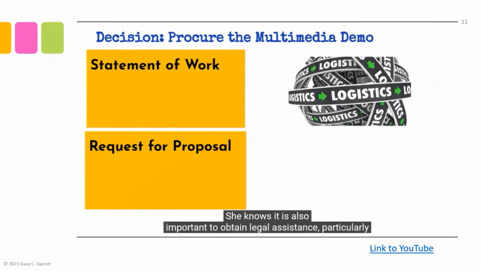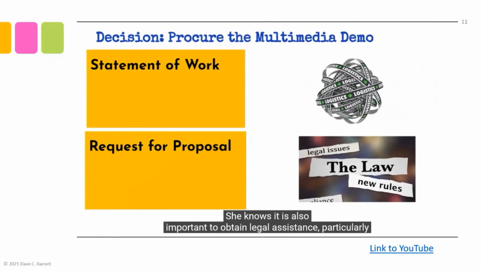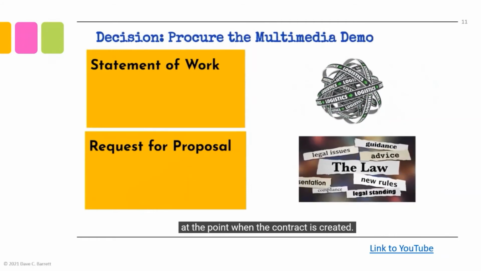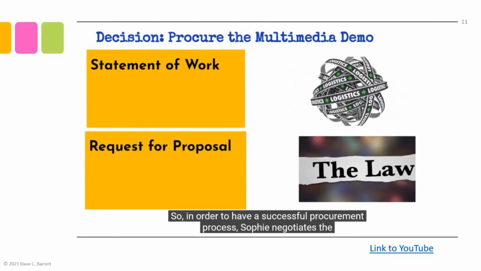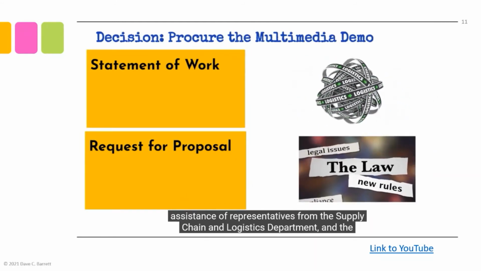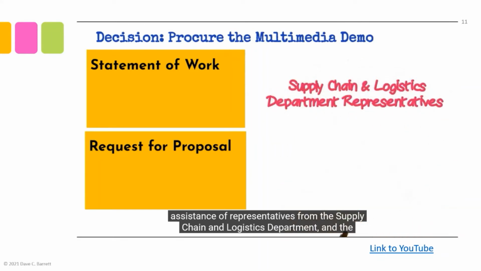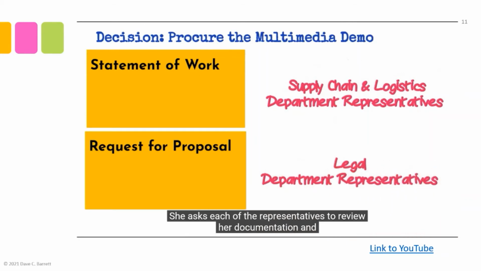She knows it is also important to obtain legal assistance, particularly at the point when the contract is created. So, in order to have a successful procurement process, Sophie negotiates the assistance of representatives from the supply chain and logistics department and the legal department. She asks each of the representatives to review her documentation and provide advice throughout the procurement process.